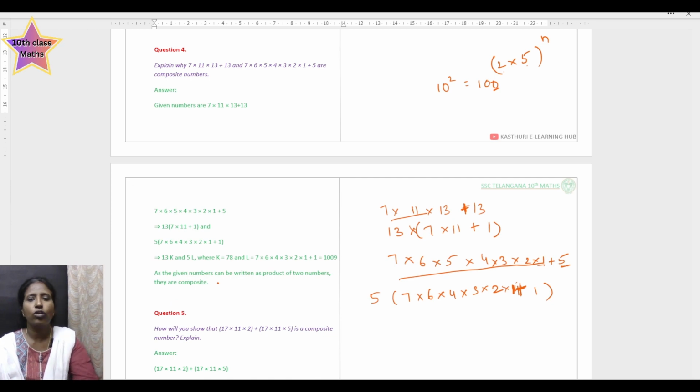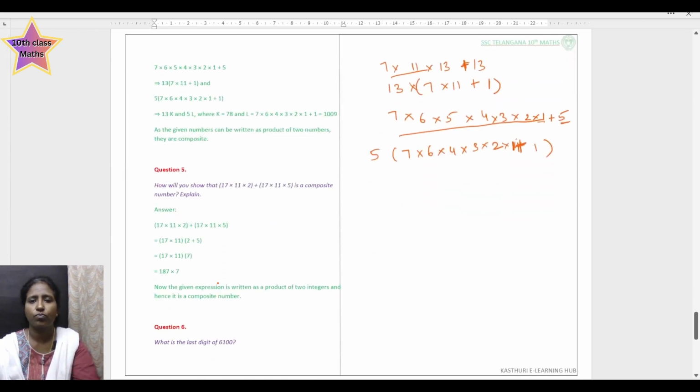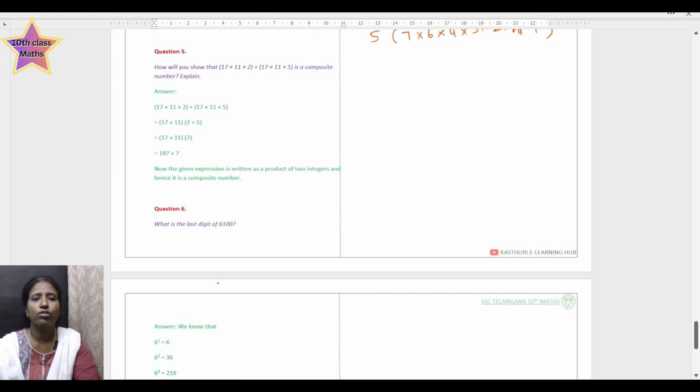Okay, we move on to the next one. How will you show that 17 into 11 into 2 plus 17 into 11 into 5 is a composite number? If you see here, this is one term, 17 into 11 into 2, plus 17 into 11 into 5, this is another term. What is common here?